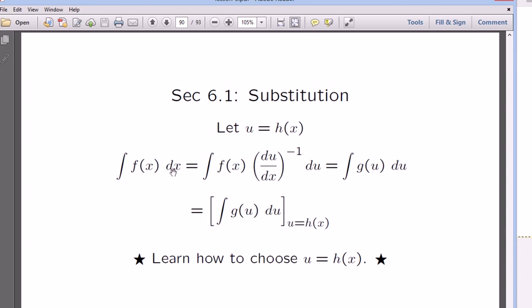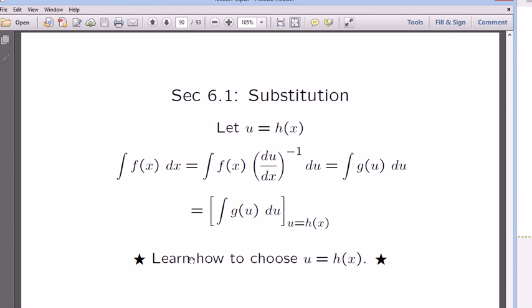Then you can switch from dx to du integral by multiplying the Jacobian factor, right? Now you switch to the du integral. You have to rewrite everything inside in terms of u before you actually integrate it with respect to u. Then you actually integrate it. Then once the integral is over, you plug back in u equals h(x). And that's what this formula is about.